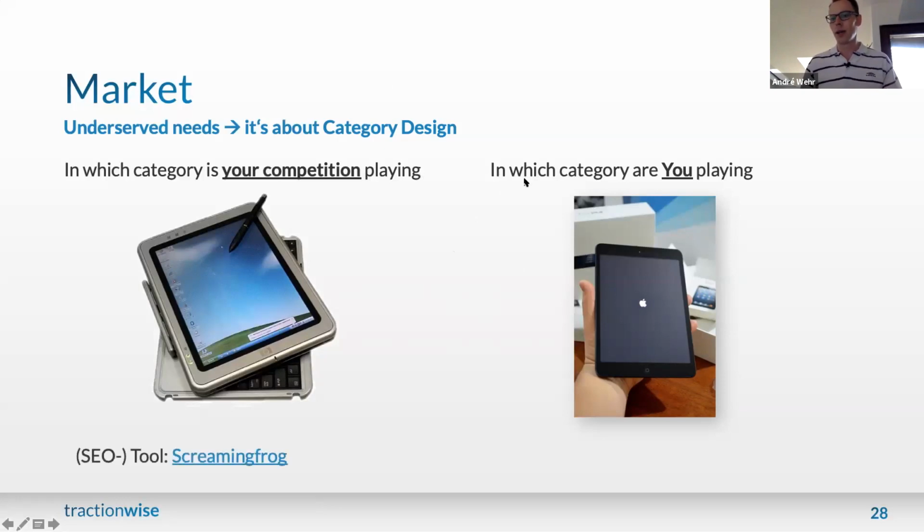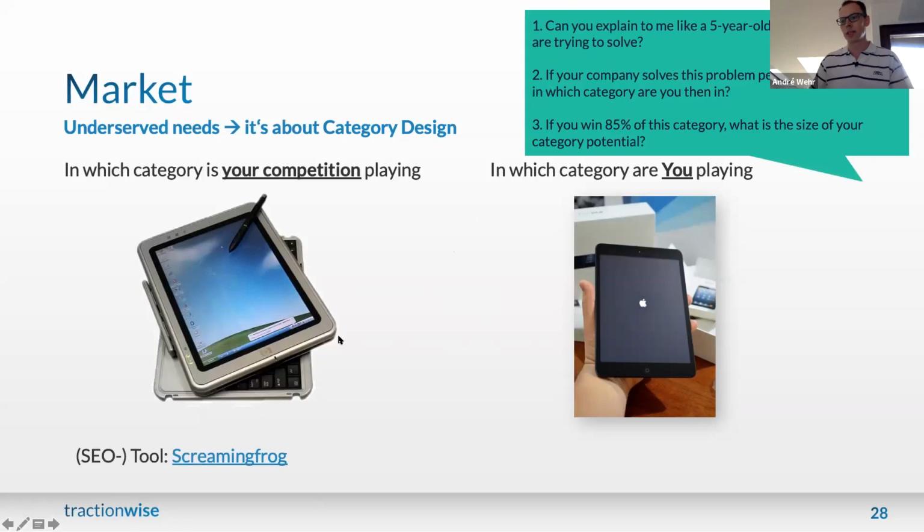And if you are thinking yourself about category design, there is on the one hand a small tool. I will go on to that a little later. And there are actually 3 questions that you can ask yourself for defining your category. The category design, in terms of product market fit, is a very important step to manage, because very often you only think about how can I be better, how can I be faster, how can I be cheaper than my competition.